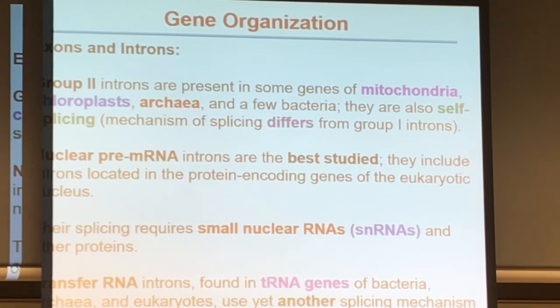So if you have an mRNA like that, and this mRNA has an intron here, there is a protein complex that binds to it and cuts it out. So in addition to this spliceosome, which will be coming up in the next slides, which helps in removing these introns, the small nuclear RNAs are also involved in splicing. Is that clear, guys?